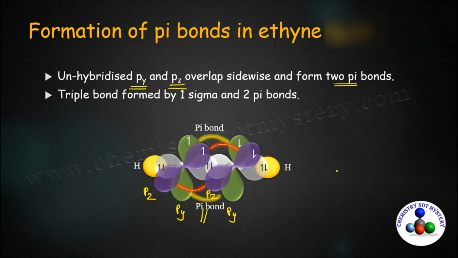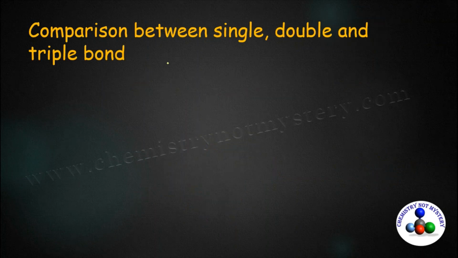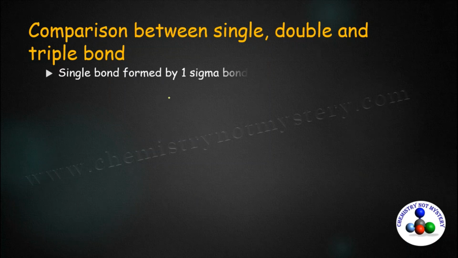When you see the geometry of the ethyne molecule, you will see all sigma bonds present in the plane and pi bonds present in the form of electron clouds above and below the internuclear axis. Now compare single bond, double bond and triple bond. Single bond is formed by the sigma bond.